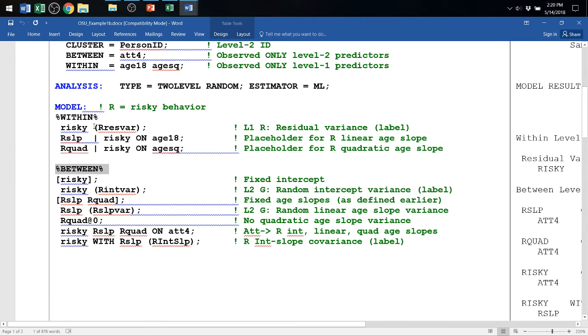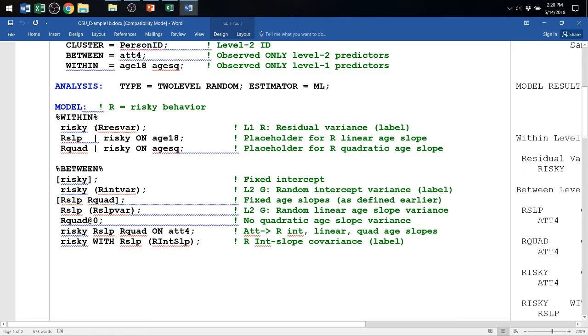As I said before, I write everything out, even the stuff that's estimated by default. So when I write risky, what I'm actually referring to is its variance in the level 1 within model. So this is level 1 residual variance right here.